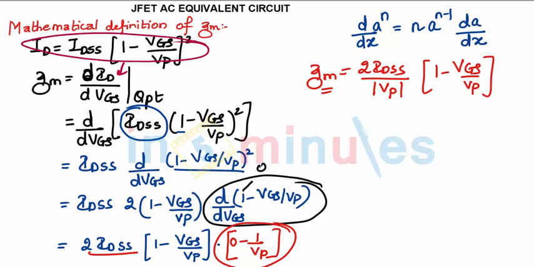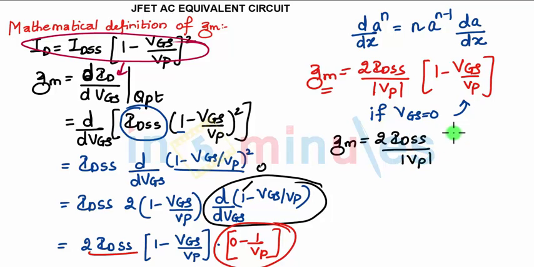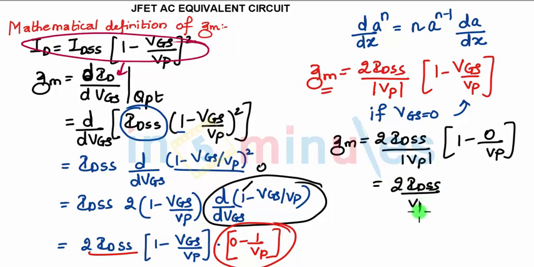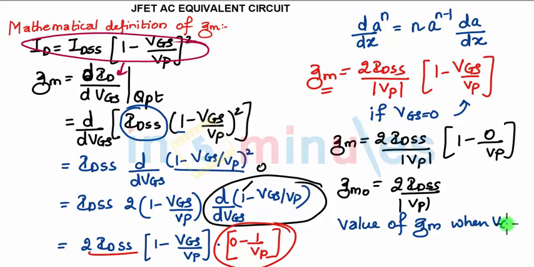Now if my VGS is 0, what will we have? GM equals twice IDSS upon mod of VP times (1 minus 0 by VP). So you will get twice IDSS upon VP. This value of GM when VGS is 0 is called GM suffix O. Now what is GMO? It is the value of GM when VGS is 0.